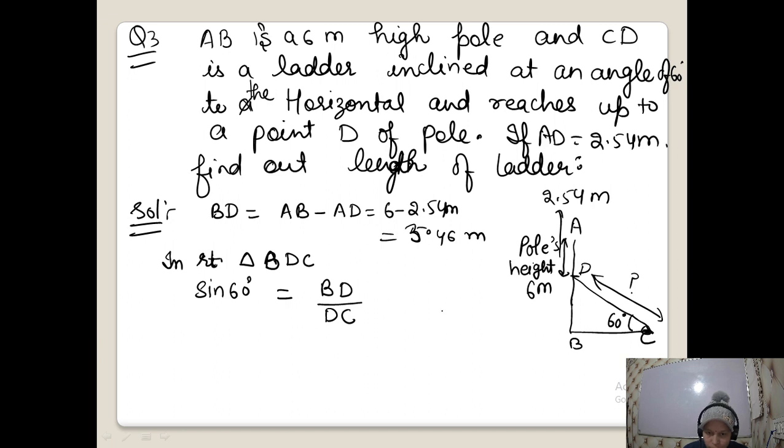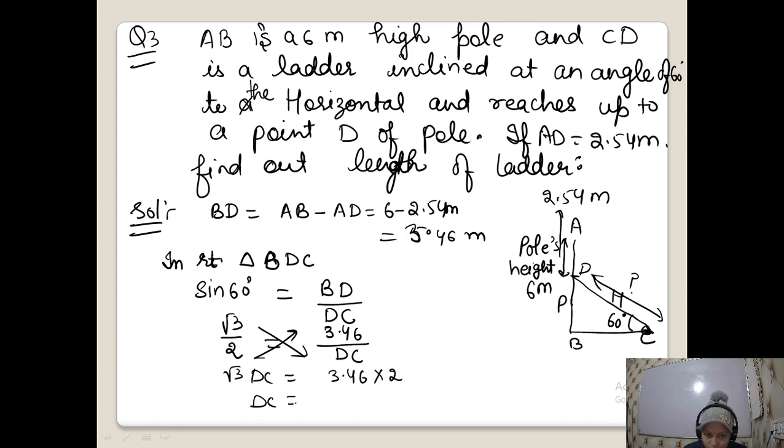BD over DC means we have given P and this is H. Sin 60 degree value is root 3 over 2 and BD is 3.46 over DC. Then by cross multiply, root 3 DC is equal to 3.46 multiply 2. DC is equal to 3.46 multiply 2 over root 3.